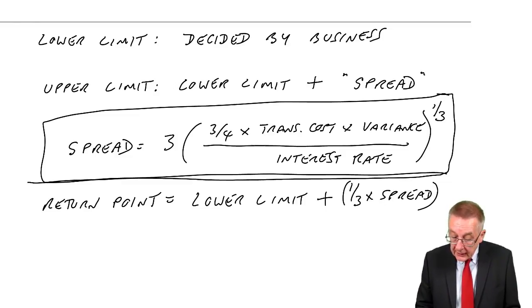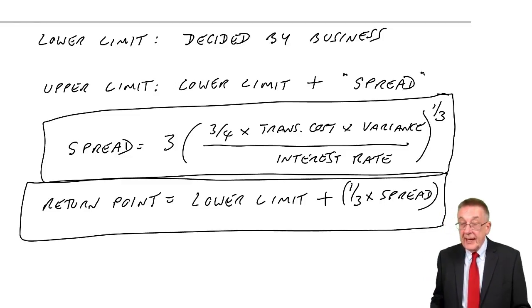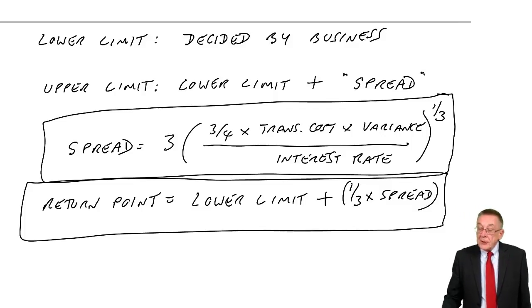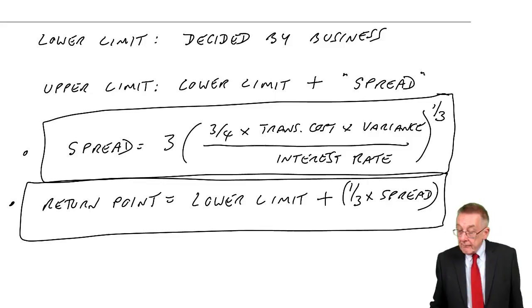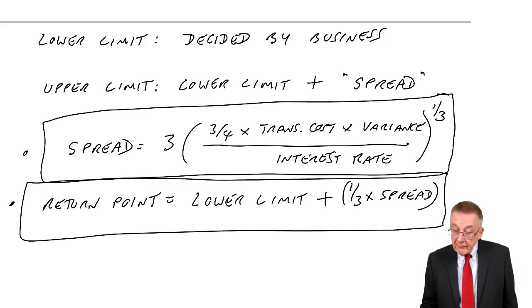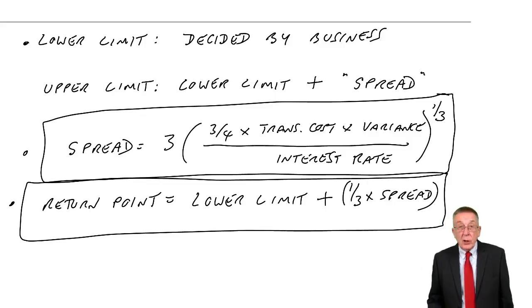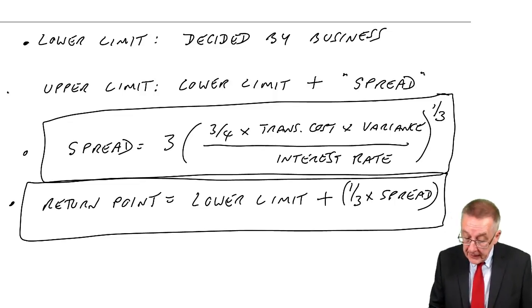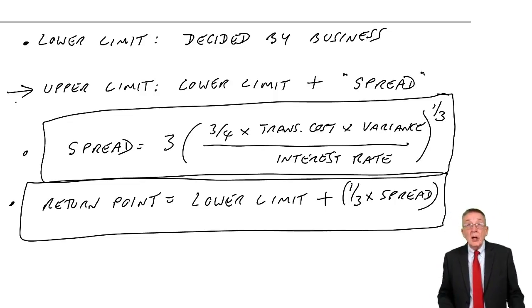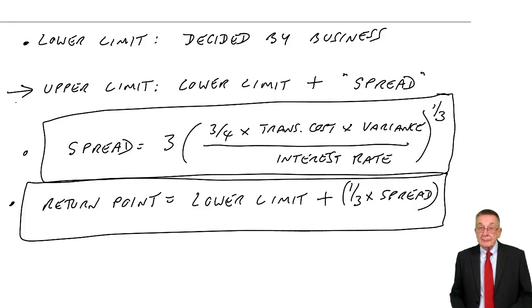And again, you are given that formula in the exam. So these two you're given. You just need to be able to use them. The lower limit will be given in the question. The only extra bit you need to remember is the upper limit: lower limit plus the spread.